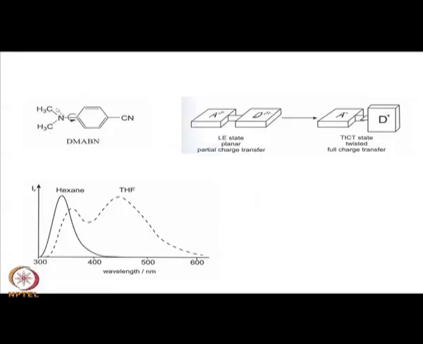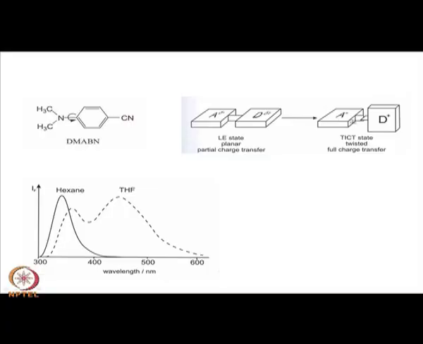But the moment there is a full transfer, these two are now perpendicular to each other, so these two rings, these two parts, are not connected. Electronically they are isolated from each other.